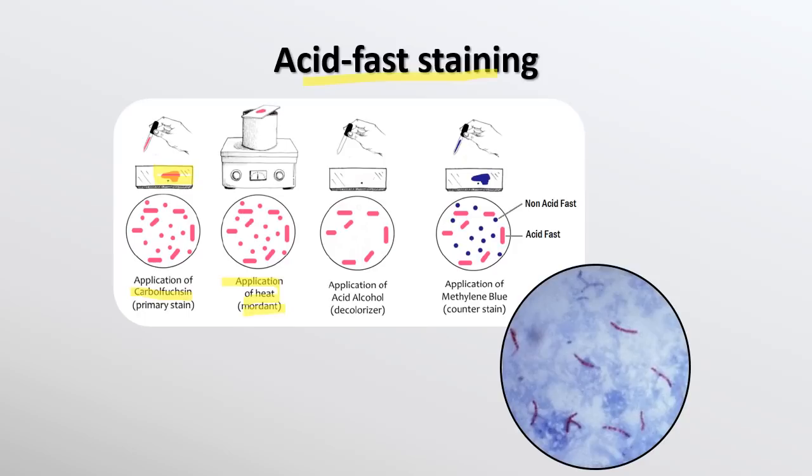After the heating, we apply acid alcohol, which functions as a decolorizer, which means the non-acid-fast bacteria will turn colorless. Finally, we put methylene blue as a counterstain to stain the non-acid-fast bacteria. This is how it looks under the microscope. Usually the acid-fast bacteria will look red, and the background or the non-acid-fast bacteria will look blue.